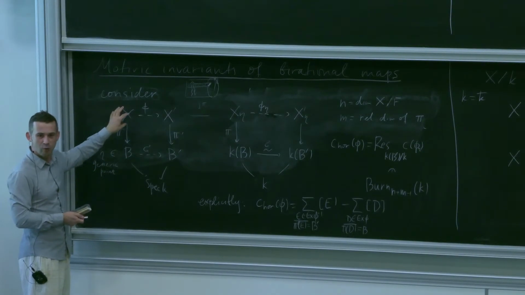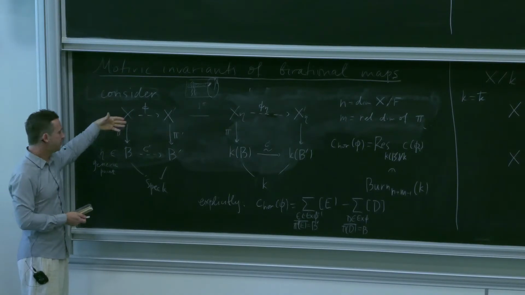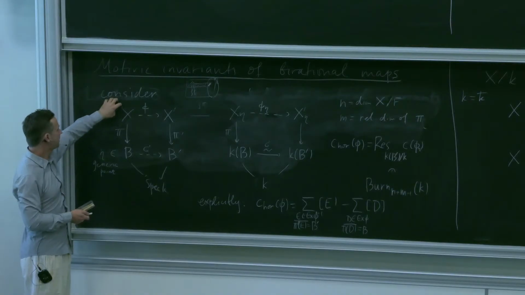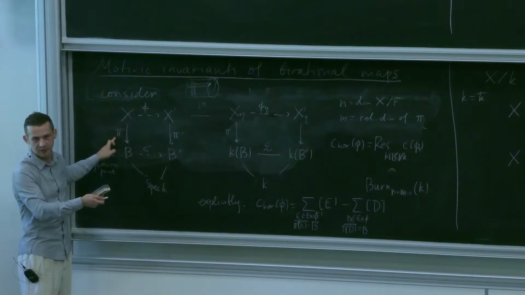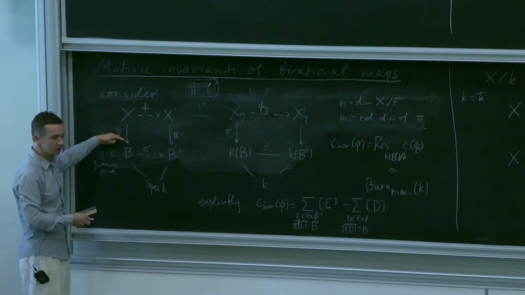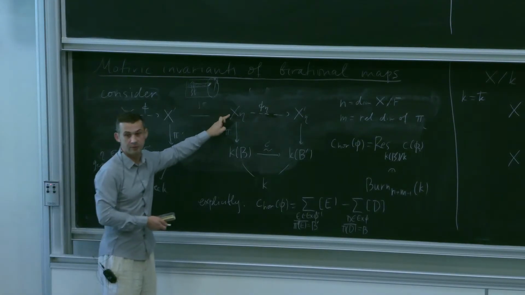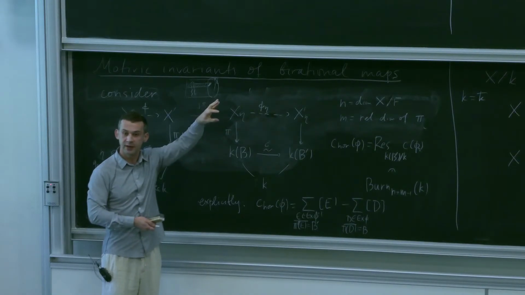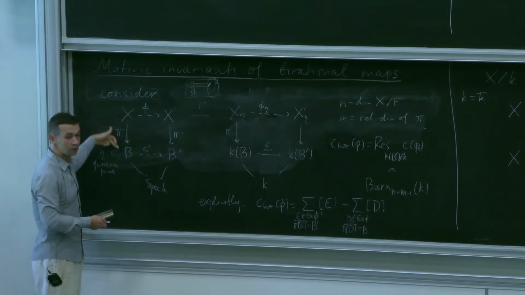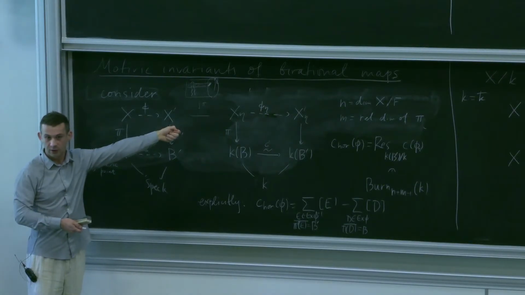You can take some open subset. In principle, what we could do is take the maximal open subset where this is defined and then do this. We'll do this in a second. But if I just have a rational dominant map, I have to explain what generic fiber means. It's not automatic. It depends on the choice of an open set where you are regular. So you have to be regular to do this.